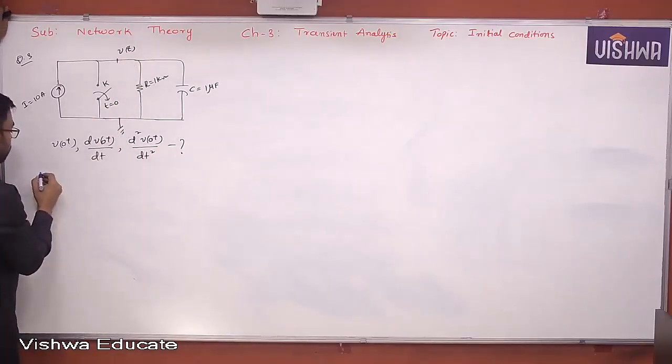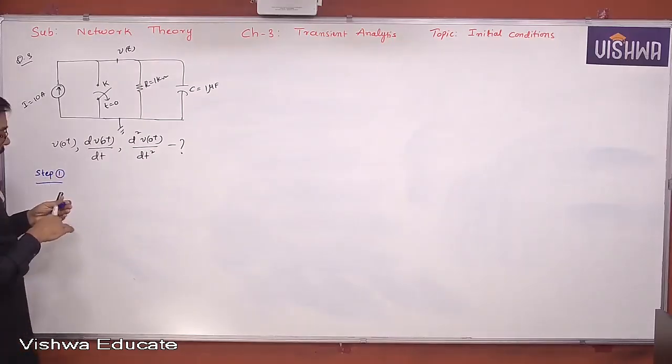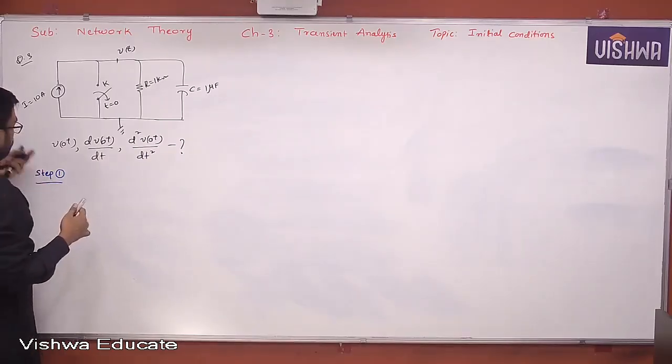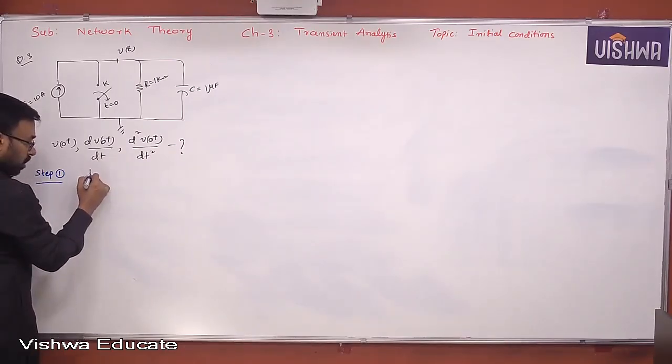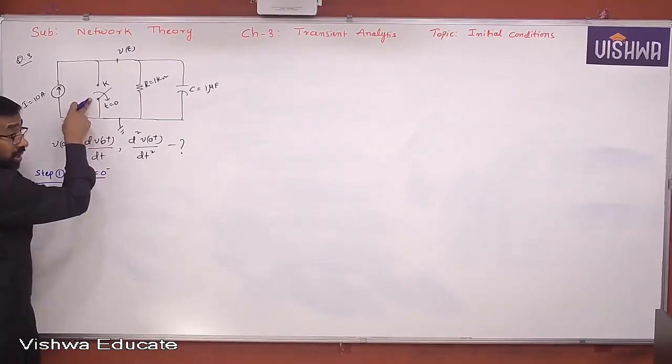Step 1. What is step 1? Construct t equal to 0 minus equivalent. Look at the switching operation.